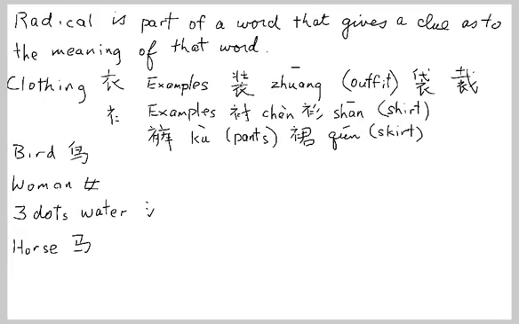So what you do is go and search for the radical in that word. In this word, you can see that there is this character, which is represented here. This character is yi, and it has 6 strokes. Yi means clothing, and when you see this character anywhere, it usually means that the word has something to do with clothing.